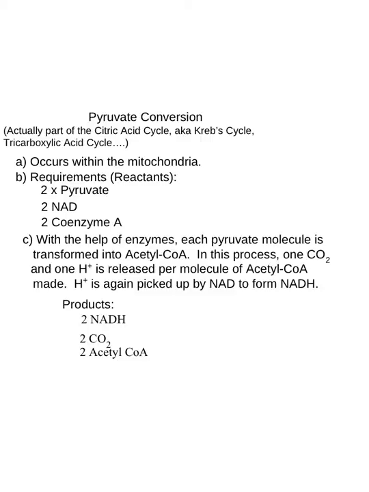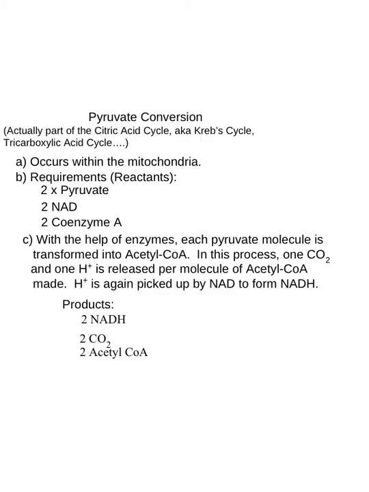It turns out that the first step of the Krebs cycle isn't quite so cyclic, so we're going to separate that out and call it pyruvate conversion. In actuality, it is part of the Krebs cycle, but it's going to make it a whole lot easier to chunk this out. So PC, pyruvate conversion, occurs within the mitochondria.